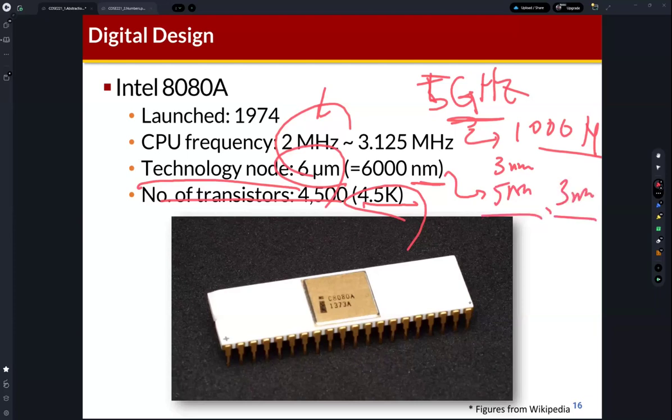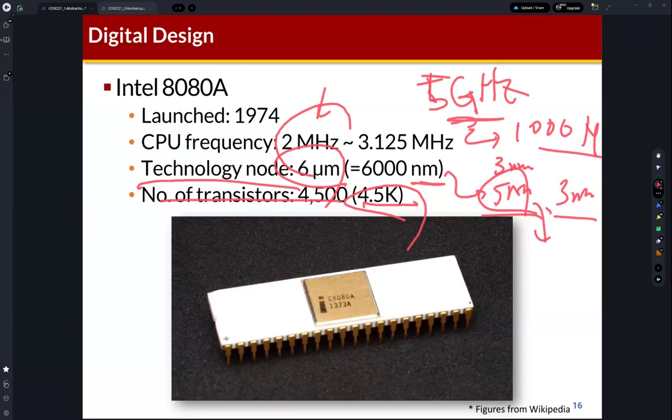It represents the technology node of the semiconductor technology. And if this value is smaller, it means that we can use better semiconductor technology.